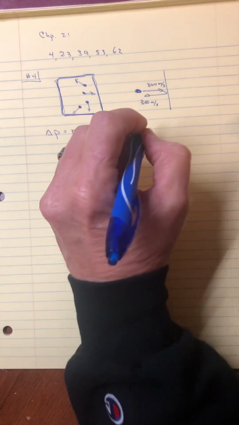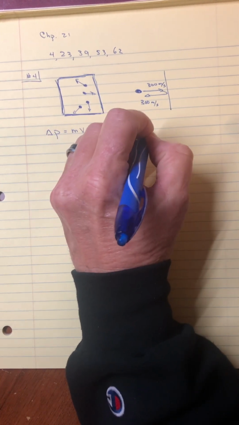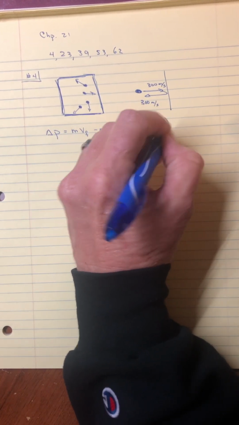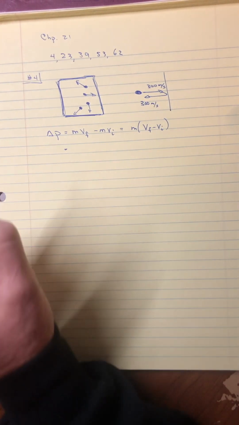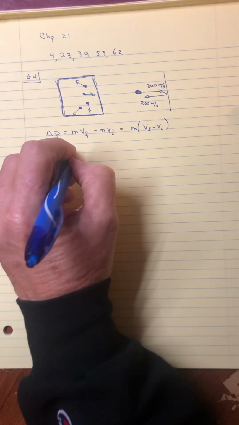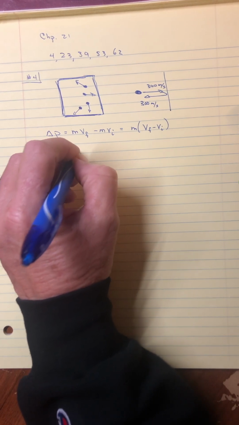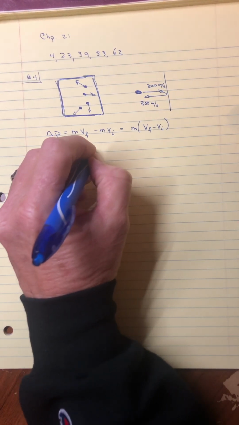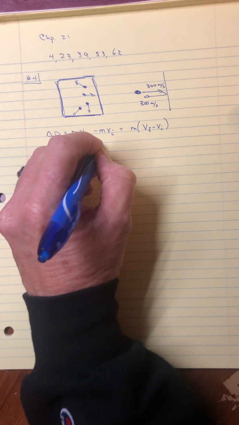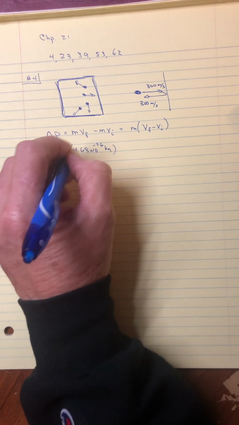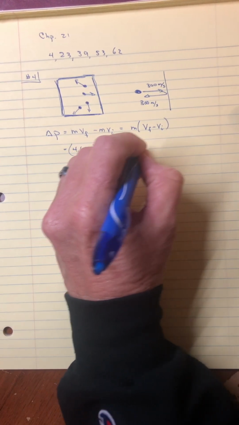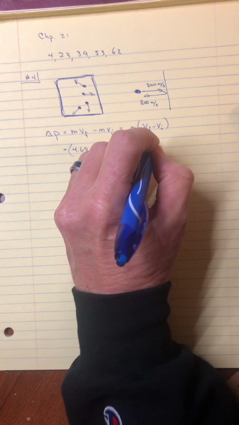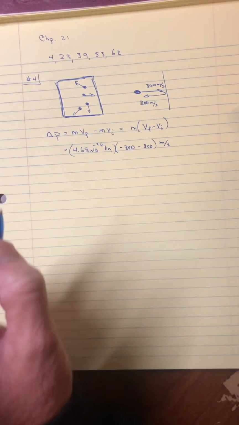In fact, maybe I will factor out the m here and say, all right, the change in momentum is this mass, 4.68 times 10 to the negative 26 kilograms, times the final speed, which is negative 300, minus the initial speed, which is 300.